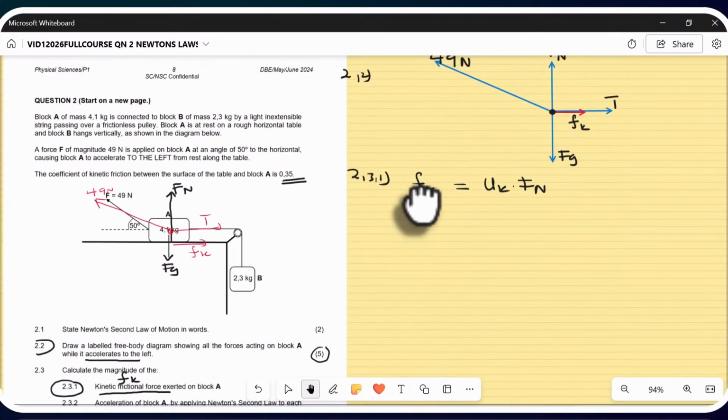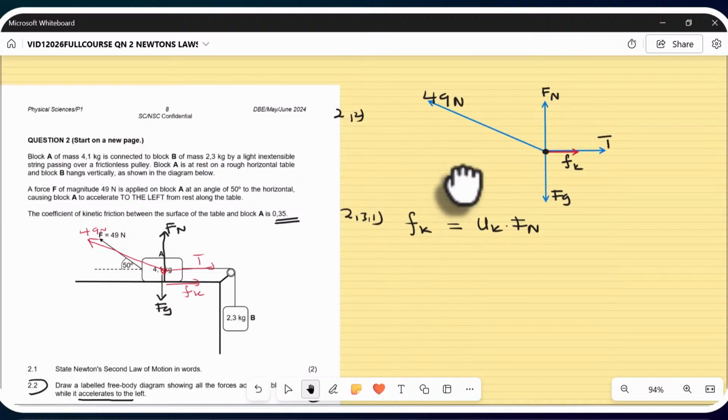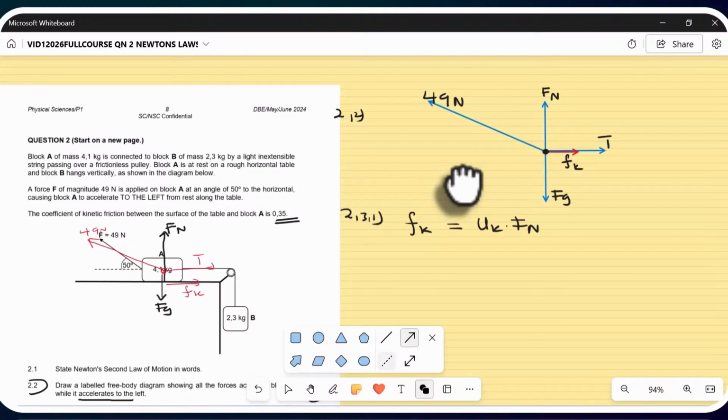Now this force at an angle has got components. There is one acting to the left like this, that is Fx. And then another component is acting vertically upwards, and that is the vertical component, which you call Fy.